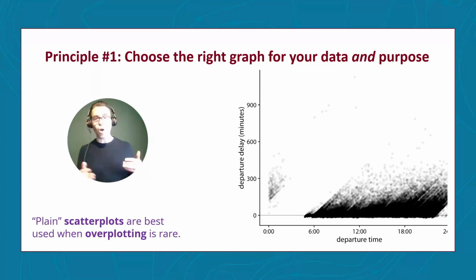With substantial overplotting, we need to reach for other options. Some examples here would be two-dimensional density plots, or we could make the points in our scatter plot semi-transparent so that they somewhat stack on top of each other more clearly. Or we could maybe choose to plot just a random subset of the data instead.